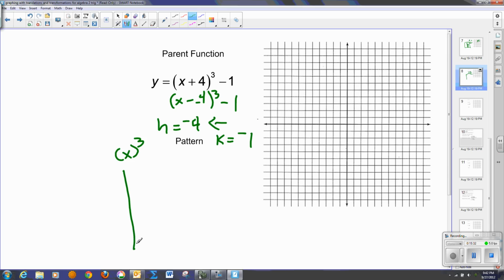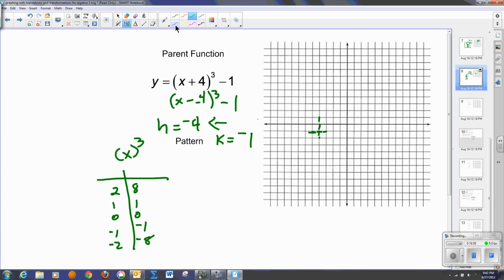And then my pattern for x cubed would be 2, 1, 0, 1, 2, and 8, 1, 0, whoops, -1, -8. So again, with my h and k, I'm going to translate my origin. Go back 4, 1, 2, 3, 4, and down 1. And I'm going to put a set of axes at the point -4, -1.